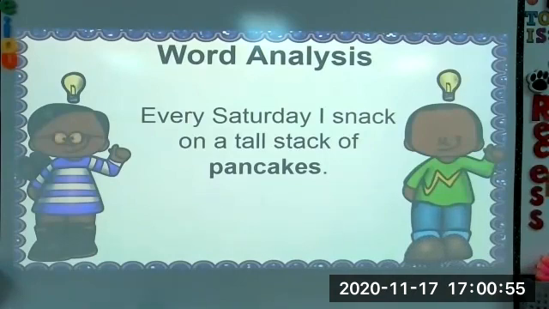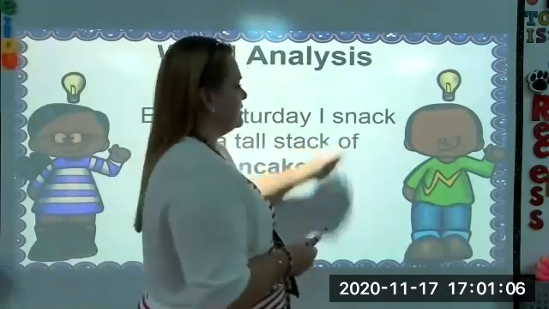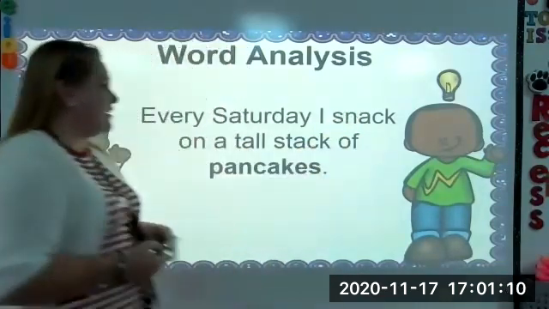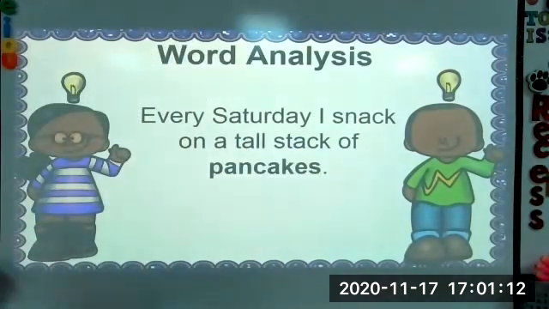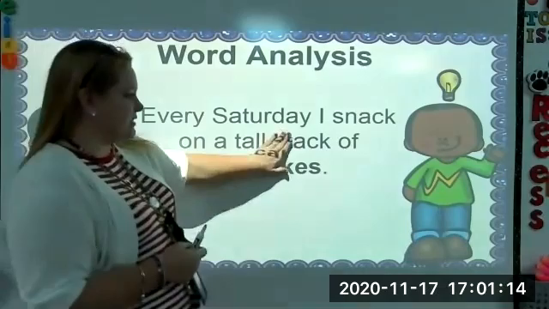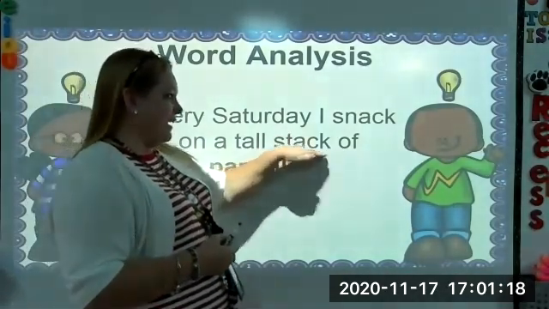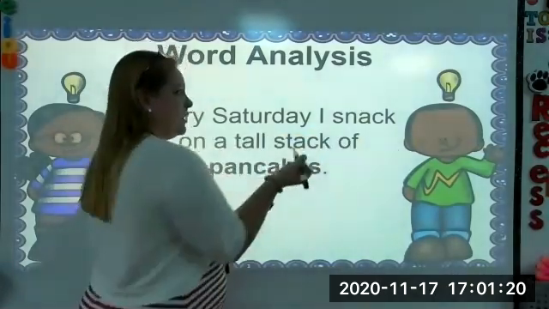Snack and stack are the words that rhyme in that sentence. Let's say snack, but take off the sn. We take off the sn off snack. What do we have? Ack. Good. If we take the word stack and take off the st, what do we have? Ack. So ack and ack.